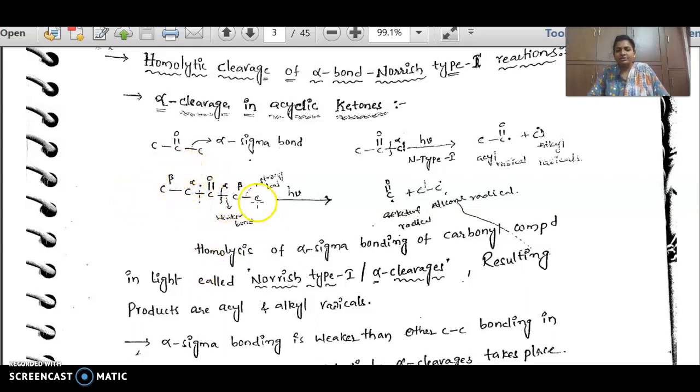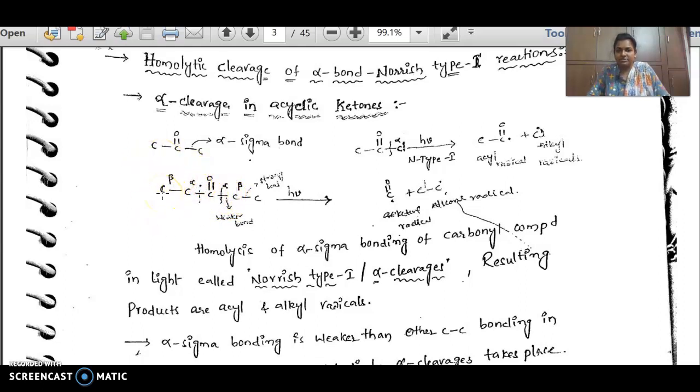And these reactions are regioselective if we have different types of alpha bonds. For example, if one side of the C double bond O has 2 carbons and the other side has only 1 carbon, then both alpha bonds are different, because one alpha bond is attached to methyl and the other to ethyl.